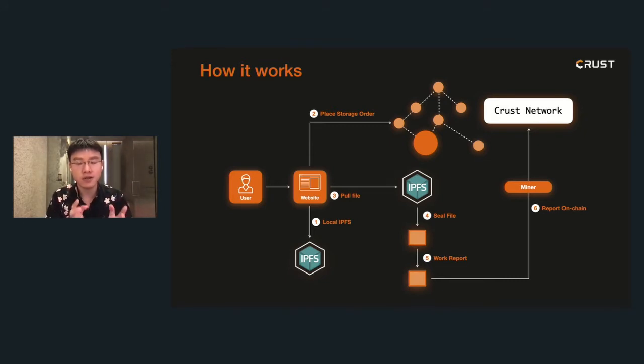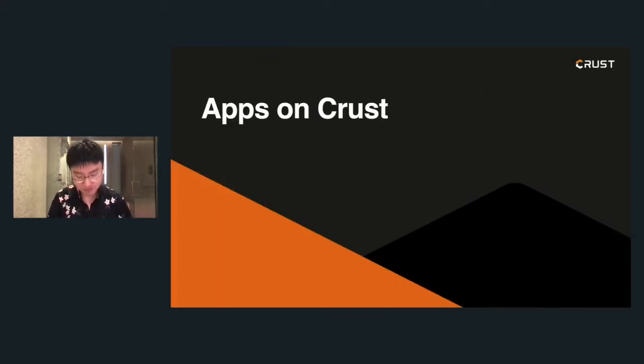Finally, the node will report to the chain, telling it, I just stored the data. After the chain verifies the node's report, the whole process is done, and the user can say, some nodes store my data. So this is the whole process.